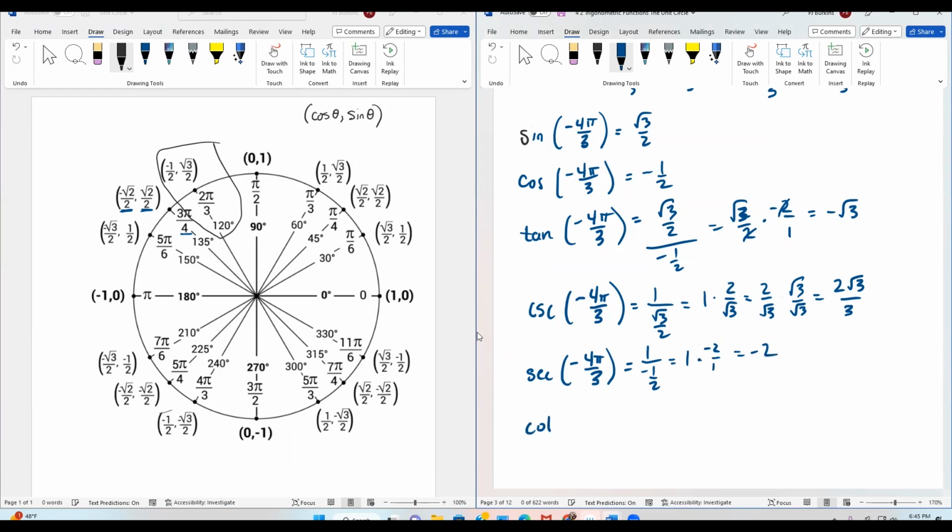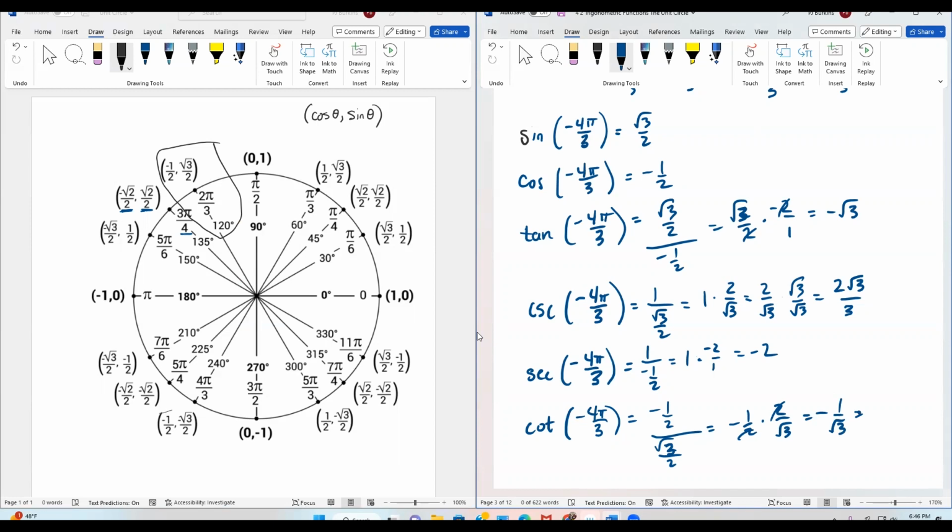And then finally, the cotan. So that is x over y. I'm sorry, root 3 over 2. And as always, flip and multiply. 2's cancel. I get -1 over root 3.